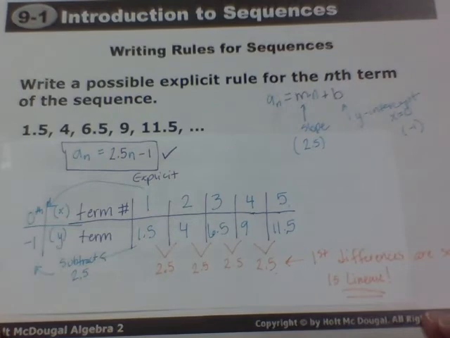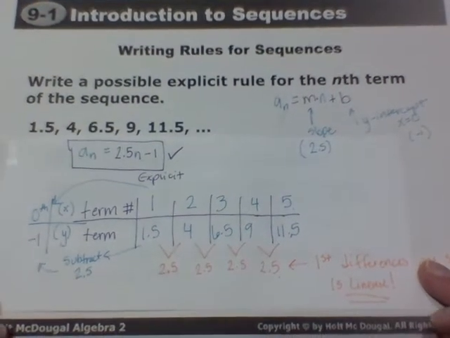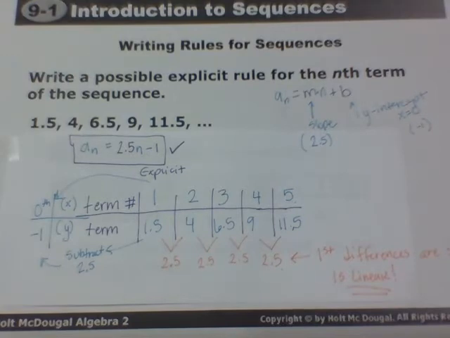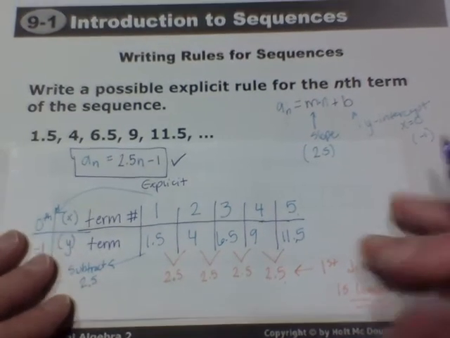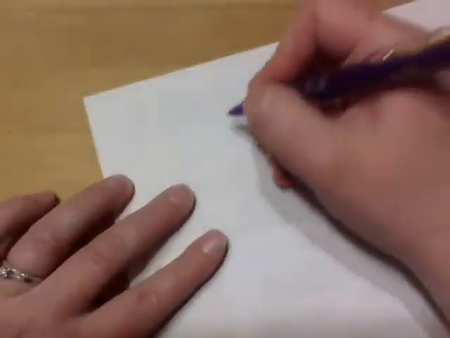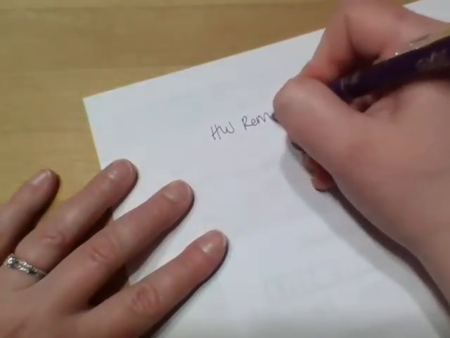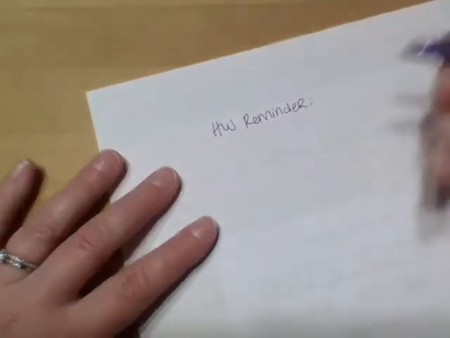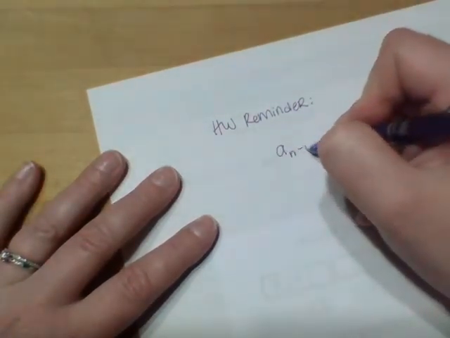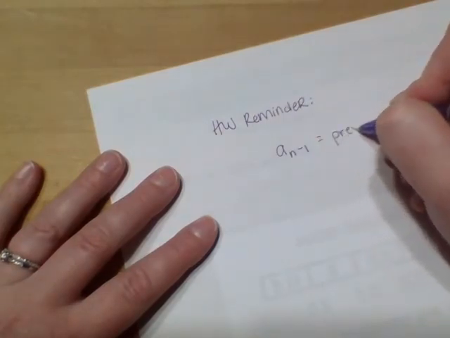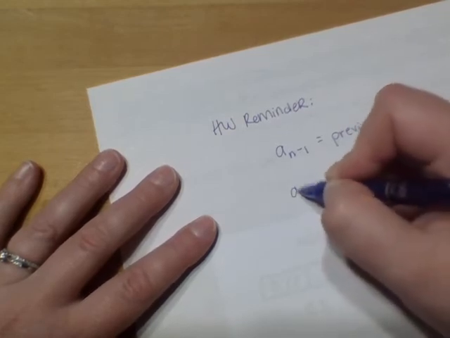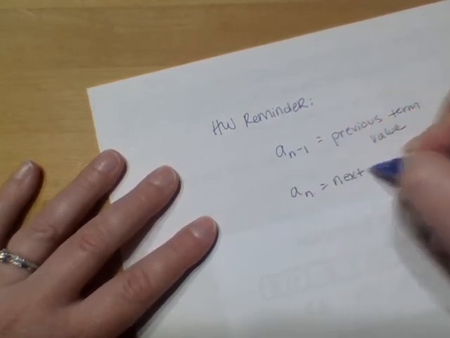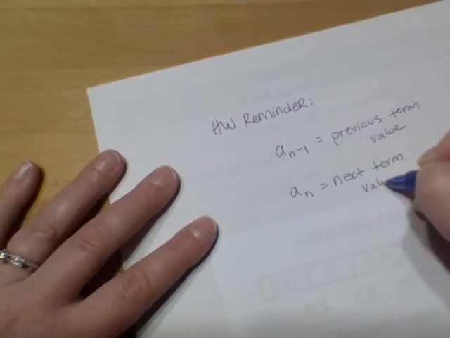Generally, what you're going to be doing in the homework assignment is writing recursive rules for the previous term. So again, very helpful in the homework to think of a sub n minus 1 as the previous term value and a sub n as the next term value.